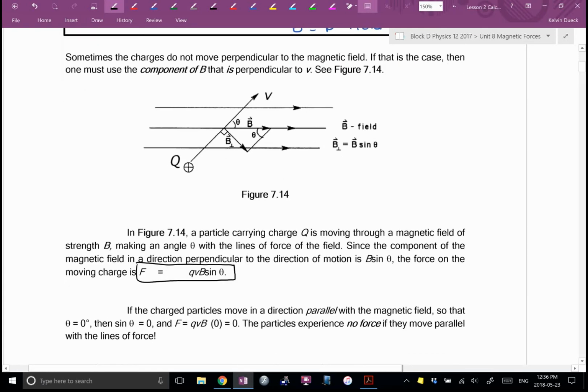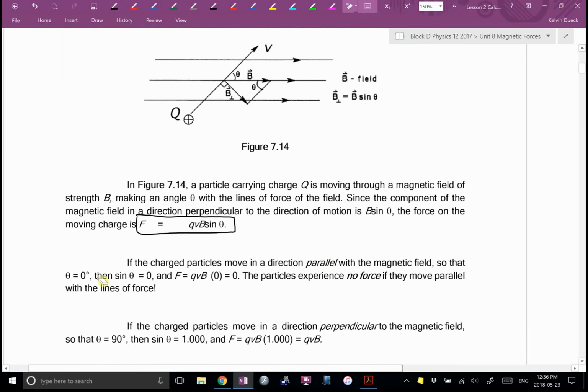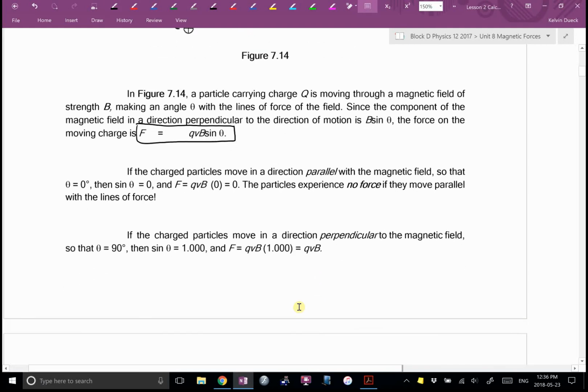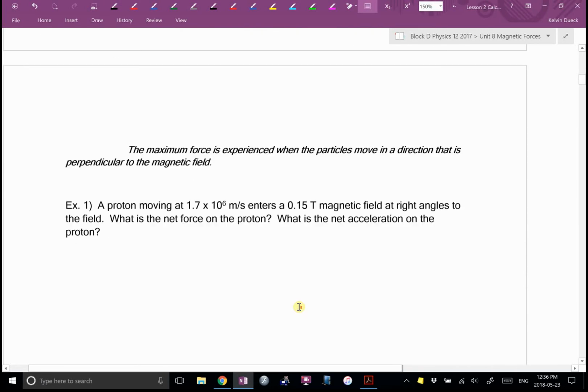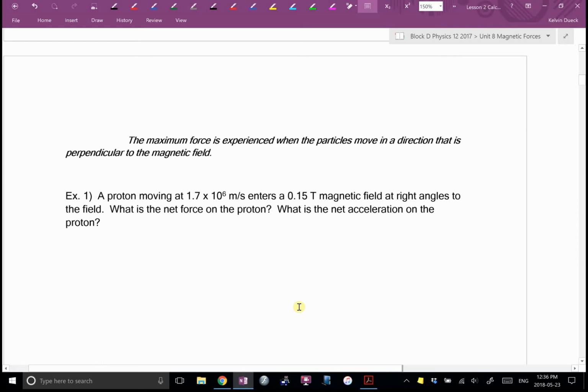So if charges move parallel, then sine theta is 0 and you get no force. If they're perpendicular, sine theta is 1, and you get QVB. So the key idea is that the maximum force is experienced when particles move in a direction that's perpendicular to the magnetic field.